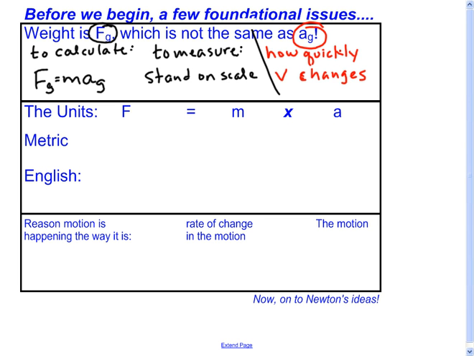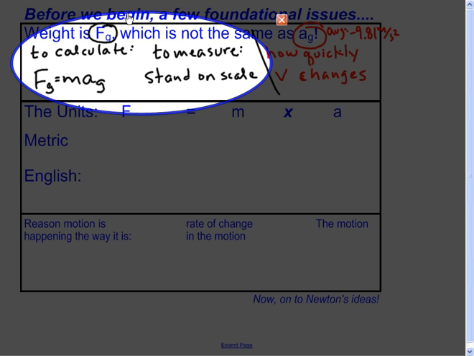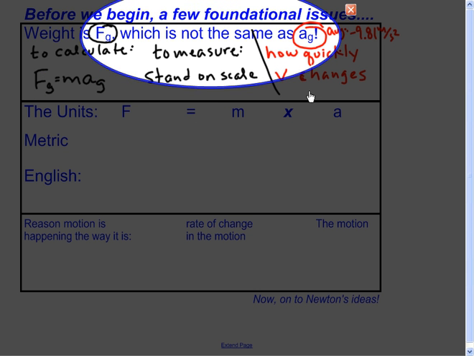Now, what's the average acceleration due to gravity on Earth? On average, you'll lose 9.81 meters per second of speed each second if weight is the only force on you. What I want you to recognize is that this, the weight, causes this.